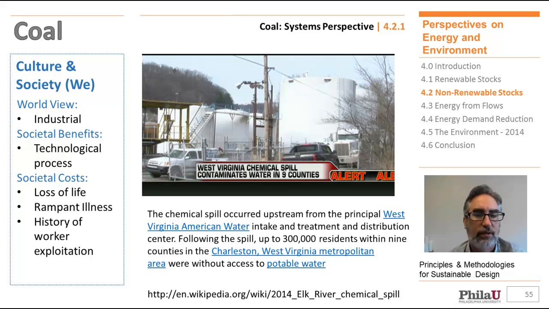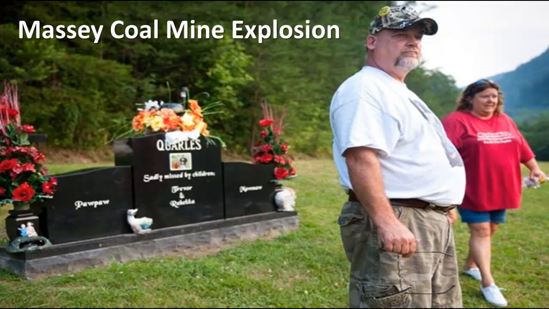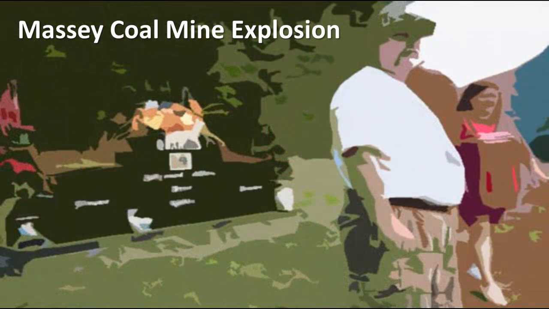And when those chemicals leak, they can sometimes leak into the water table and or water systems of a neighborhood or a region. So this was a recent spill of coal mine chemicals that went into a local river in the U.S. And certainly there's a human factor at play when we think of a coal mine explosion. These are real people with real lives who end up dead because of that experience.